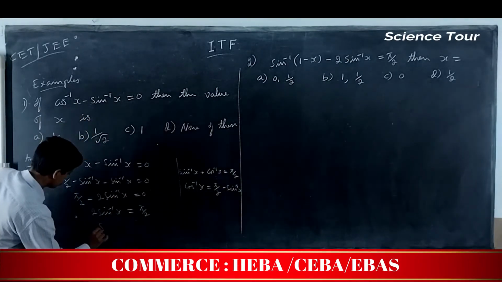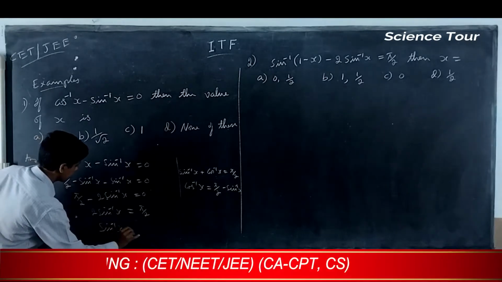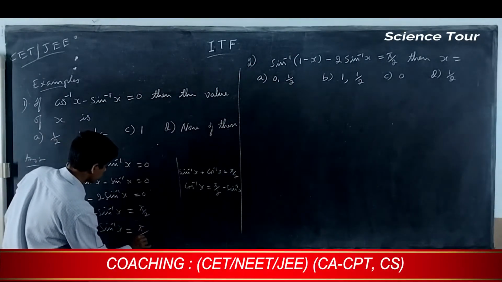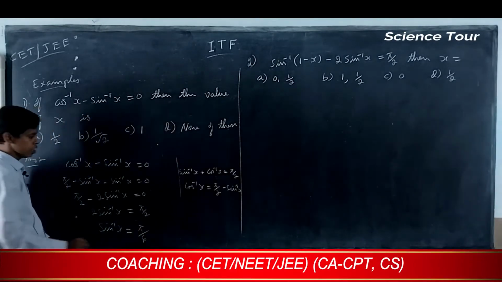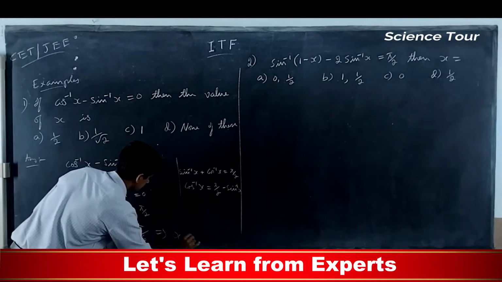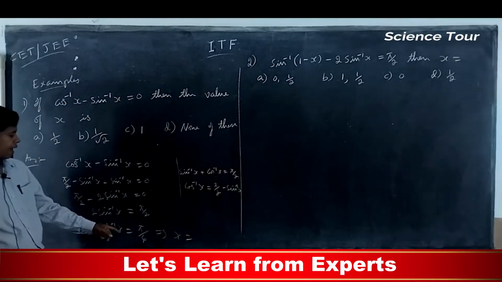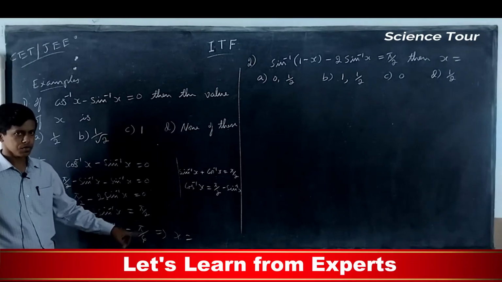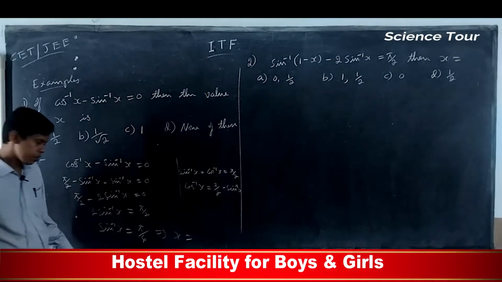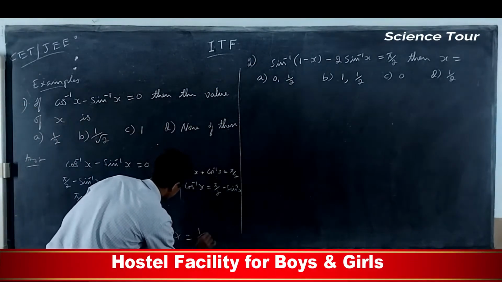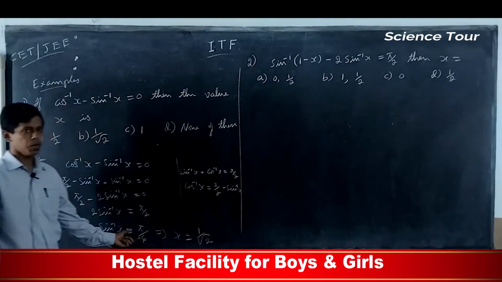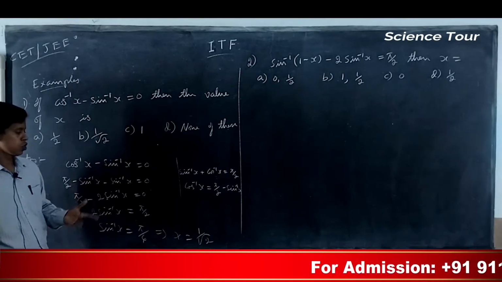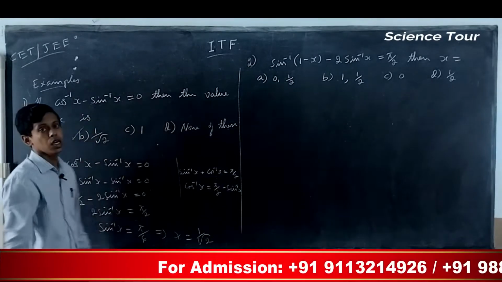That brings us to sine inverse x, this 2 will be divided here, so 2 into 2, that will be 4, so pi by 4. Hence the value of x: for what value do I get pi by 4 angle? For the value of 1 by root 2. So for the angle pi by 4, the value is 1 by root 2 for sine. So 1 by root 2 is the right option here.